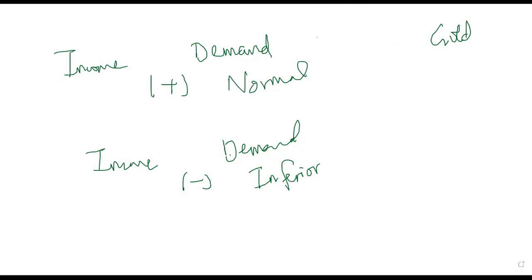If your income increases, you will buy more gold. If your income decreases, you will buy less gold. This is what we call normal goods. For normal goods, income and demand have a positive relationship.